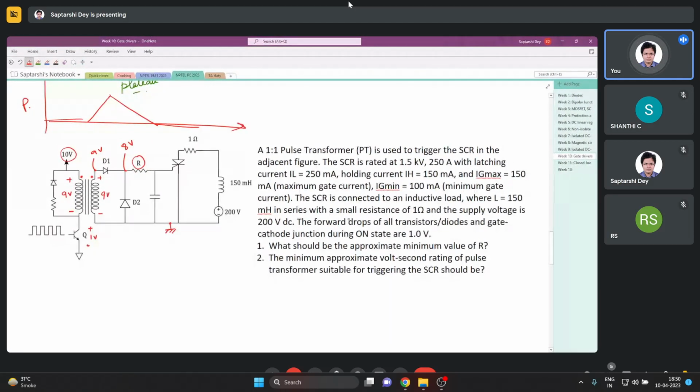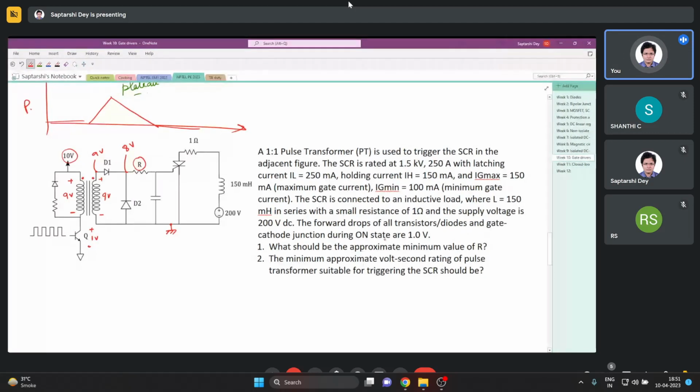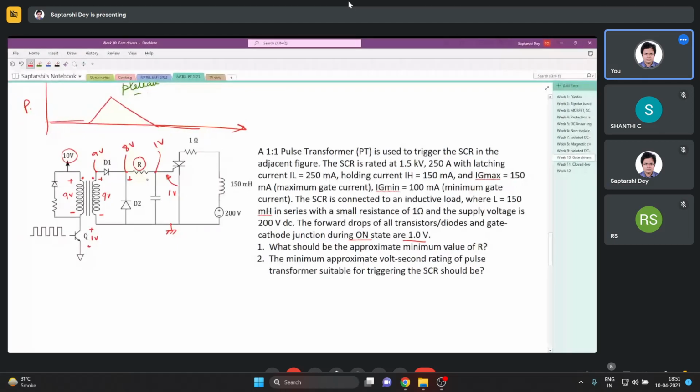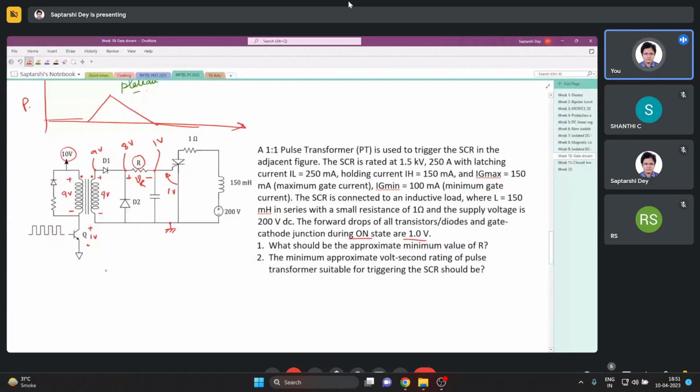On the other hand, gate cathode junction diode during on stage is also 1 volt, so this is at 1 volt. So basically the voltage that we have across the resistance VR is 7 volt.